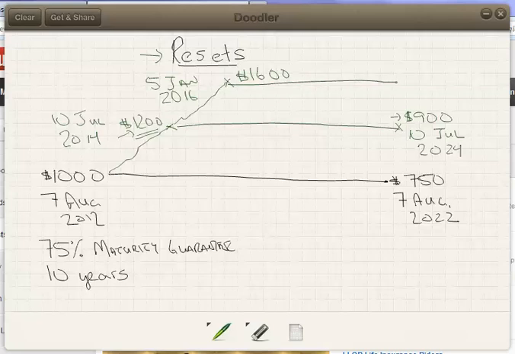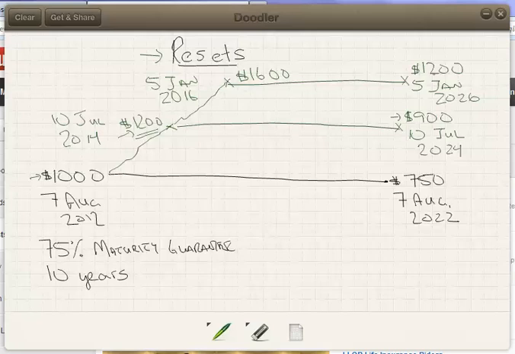So you exercise your reset. 75% of $1,600 is $1,200, more than the actual original $1,000 that was invested back here. Now you are going to push back your maturity guarantee by doing this. So you are going to have to wait a little bit longer to make this work. So now we're waiting until the 5th of January of 2026 to get that guarantee. Great.